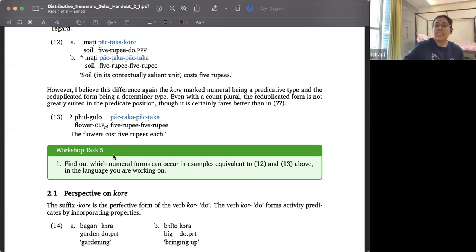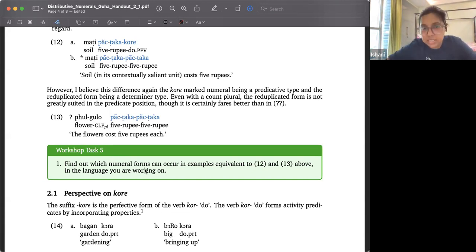When you do that, it's still bad to say pulgulo 5 taka, but it is true that there is a difference between 12B and 13. So Mati 5 taka is really bad. Pulgulo 5 taka, if I'm in a good mood, I might pass it. Yeah, okay, so it's not that bad.